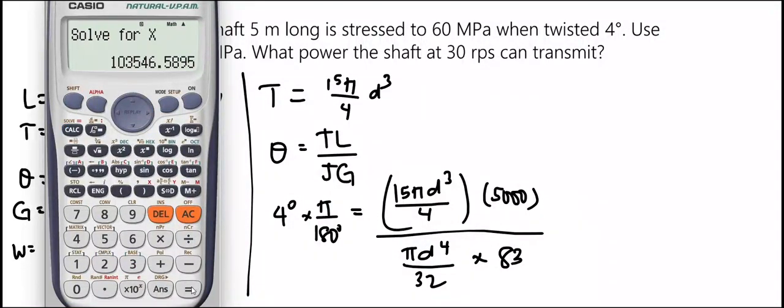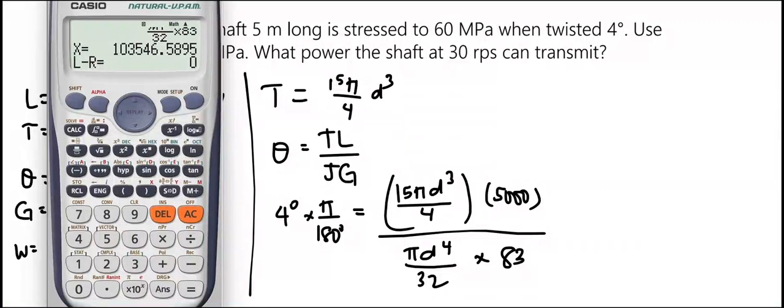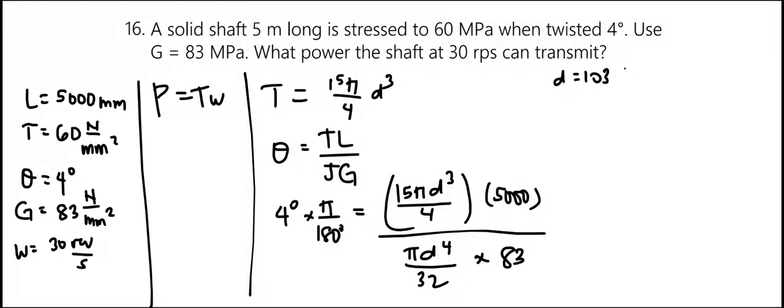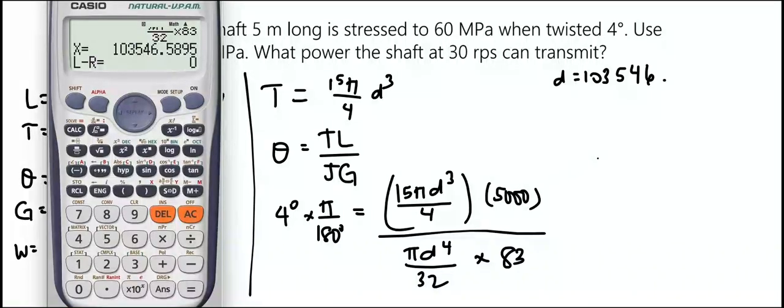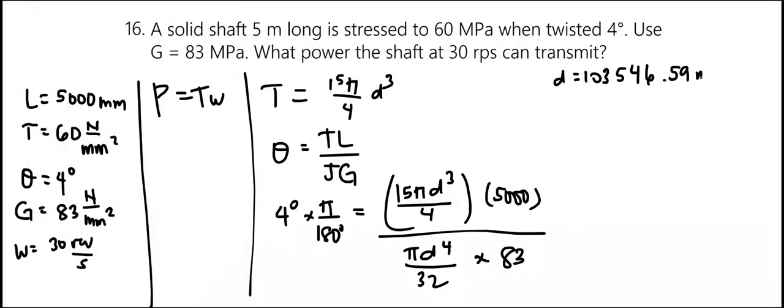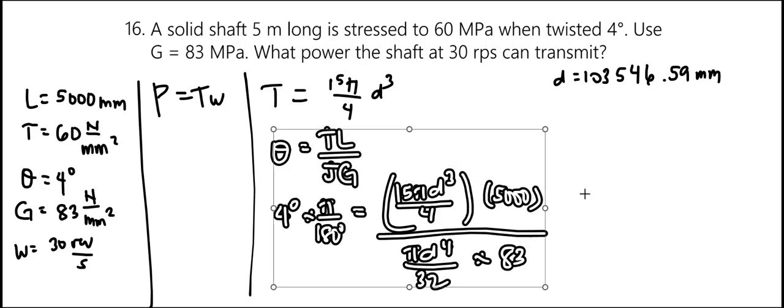Keep solving, we get our diameter. So we have the diameter equal to 103,546.59 millimeters. And then use this value for d to solve for the torque.